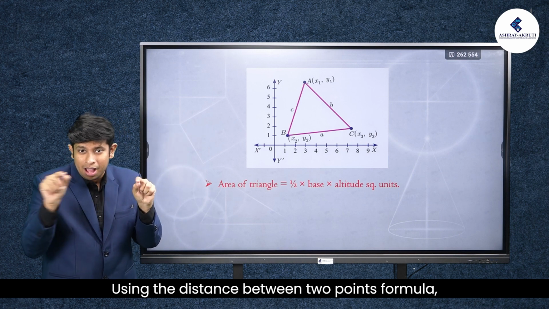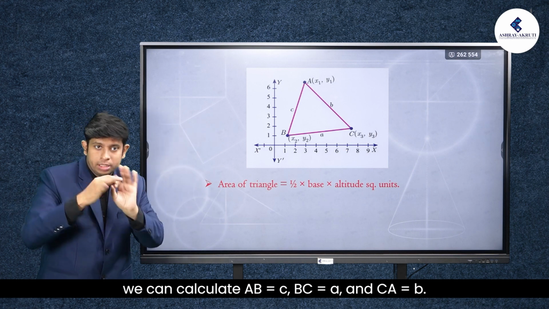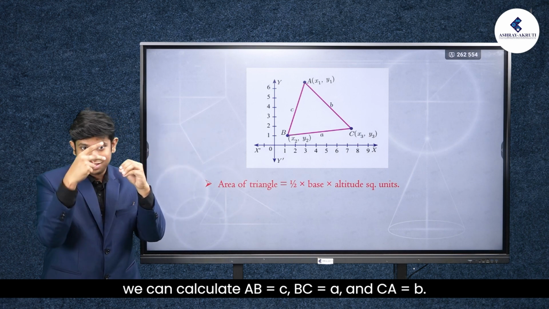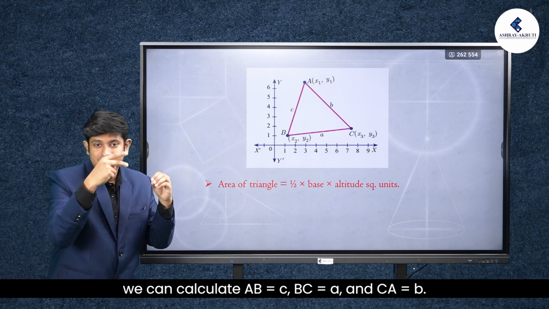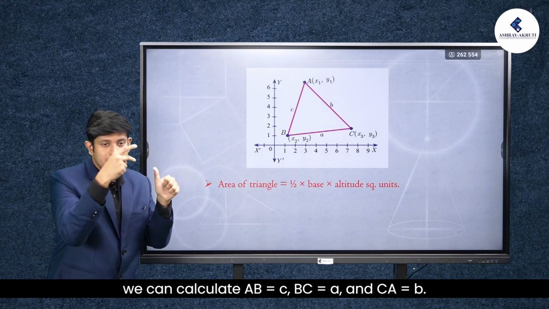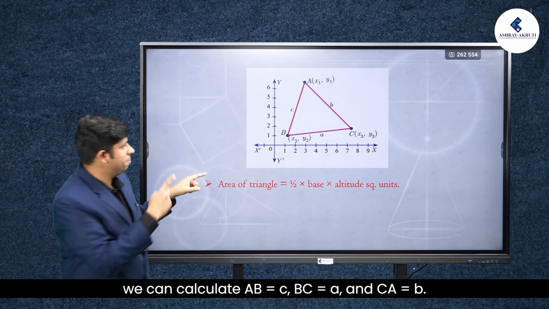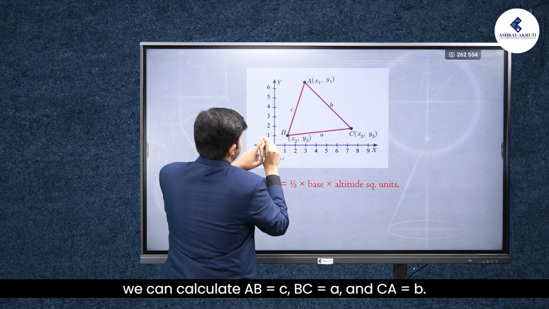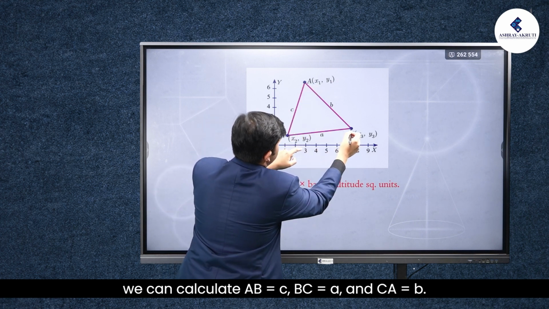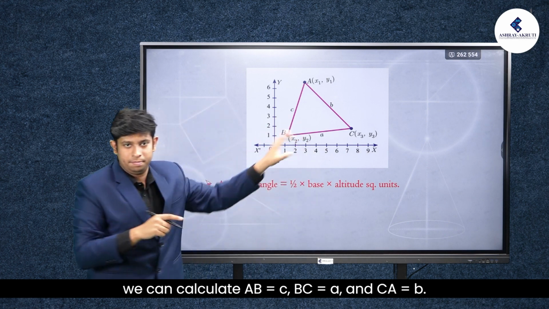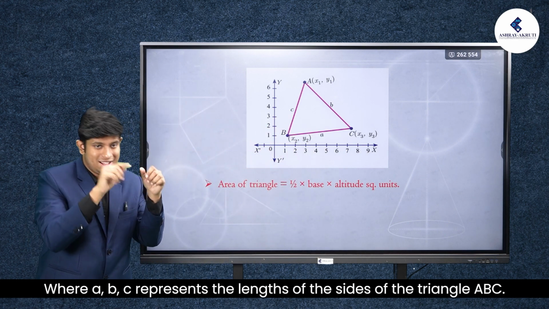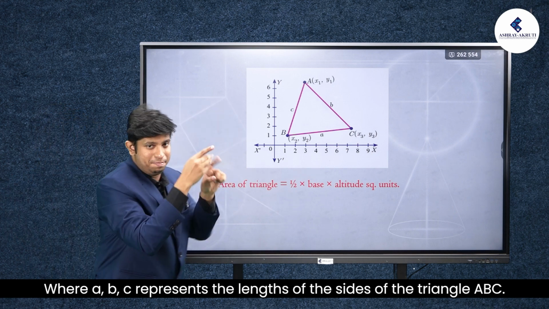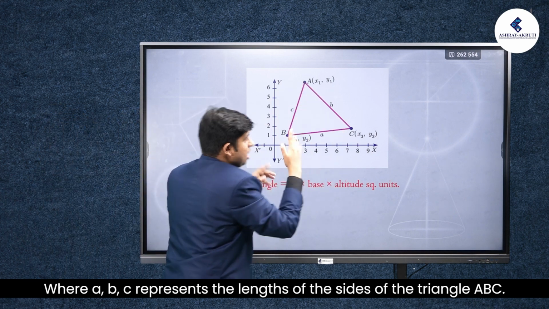Using the distance between 2 points formula, we can calculate AB is equal to c, BC is equal to a and CA is equal to b, where a, b, c represent the lengths of the sides of the triangle ABC.